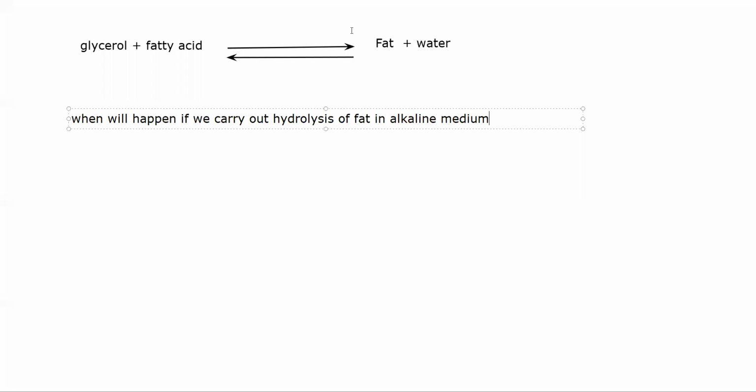Alkaline and acidic medium reactions are relatively faster as compared to neutral water. So first, when we hydrolyze the fat, it will result in the formation of fatty acid and glycerol.